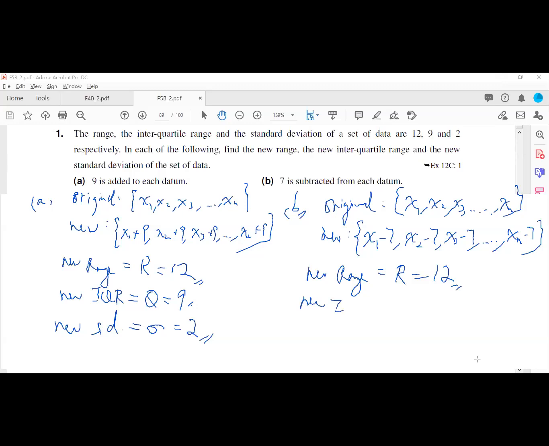New interquartile range is equal to the original interquartile range, that is 9. And then the new standard deviation is equal to the original standard deviation, that is equal to 2. Okay? So these three things will not change.